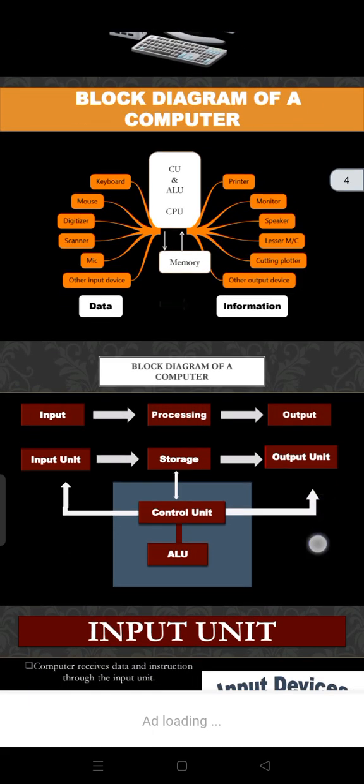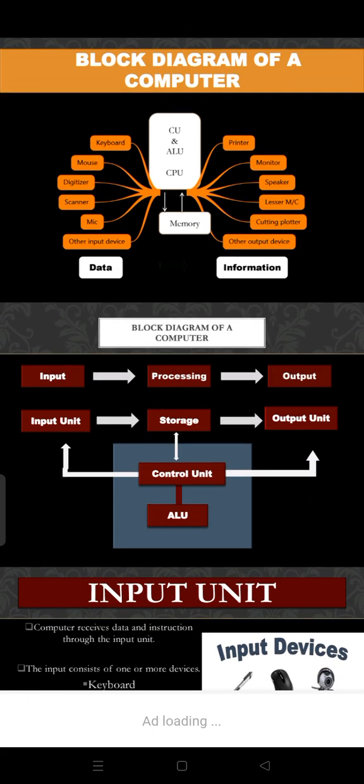Now, the block diagram of a computer. So, in the block diagram of a computer, there are the CU, ALU and the CPU. CU is the control unit, ALU is the arithmetic logic unit and CPU is the central processing unit.